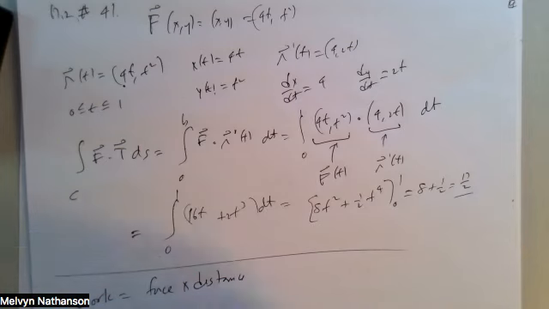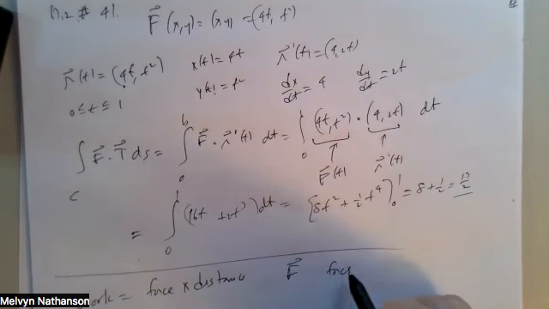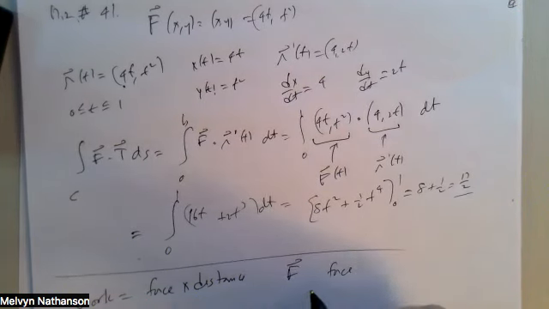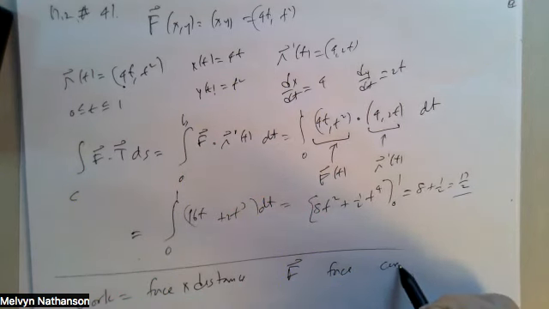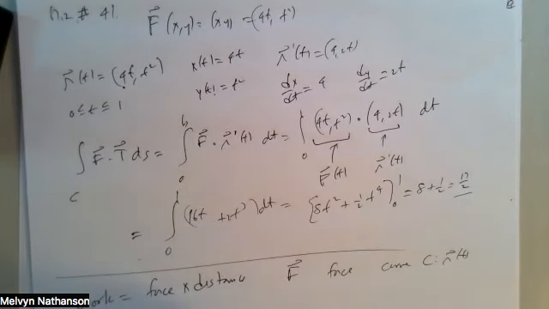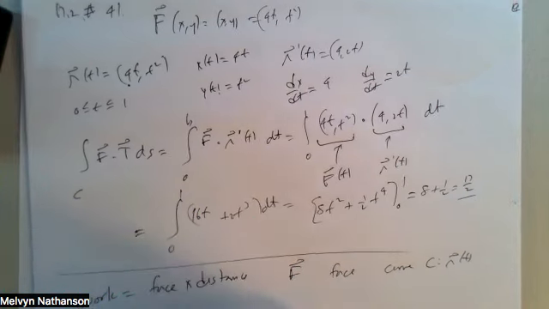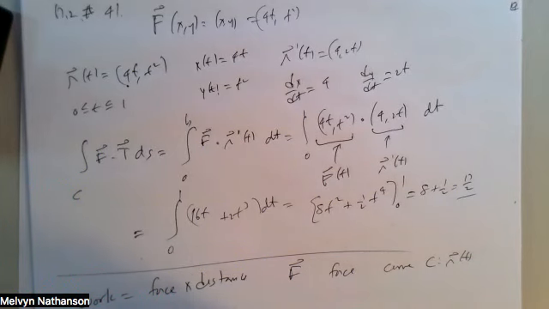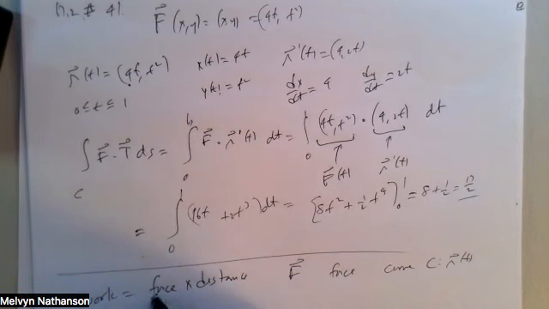So if you have F as a force acting on a particle, and you have a curve C given by some function r of t, so you have some force field, and you have a particle moving along some trajectory C. At any given point, the work done by the force on the particle: let's say this is the vector F at that point, but you want to find the component of F in the direction of motion.